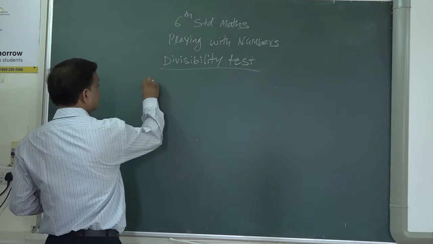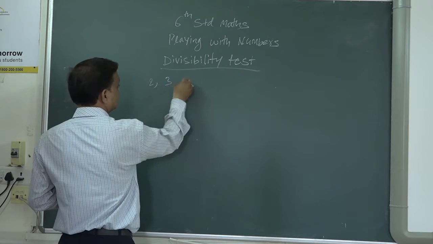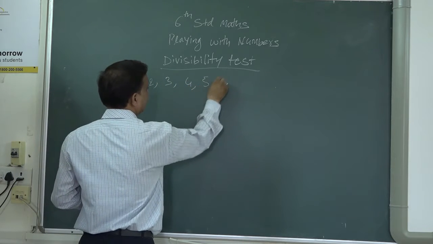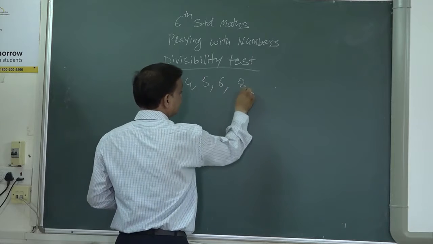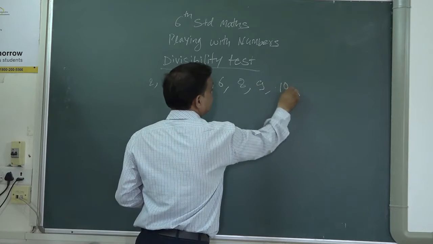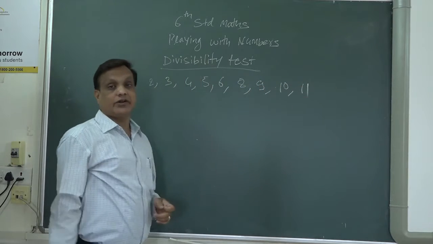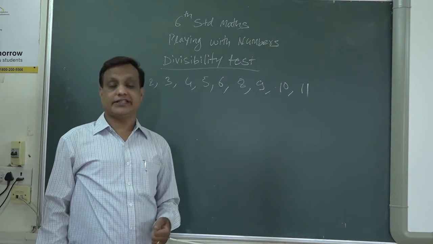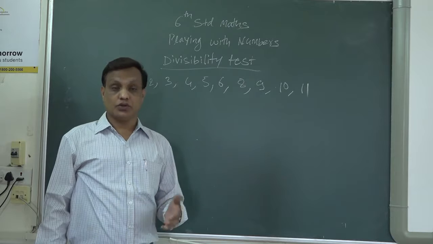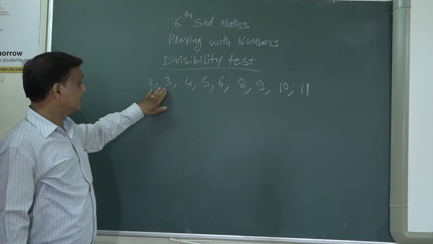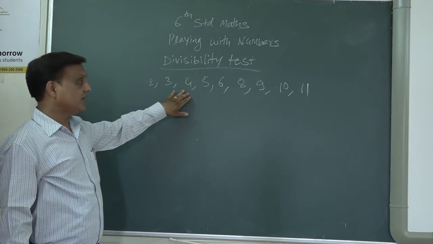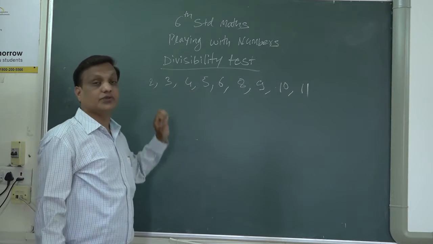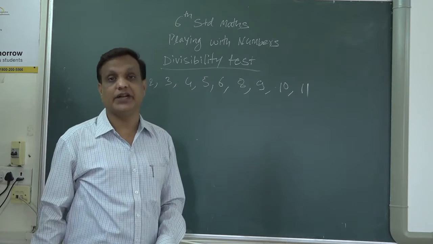So today we are seeing 2, 3, 4, 5, 6, 8, 9, 10 and 11. Here I have not written a 7. 7 we will see afterwards. It is a little bit lengthy and it takes more time to explain. So these are the numbers. We will see how to use these numbers to find out the actual divisibles.